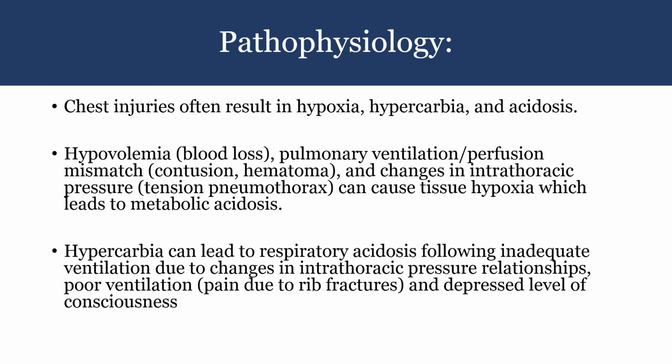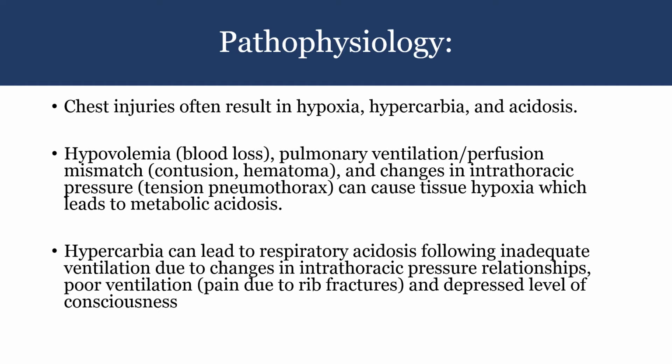Also, because of injuries to the chest, for example contusions and hematomas within the intrathoracic cavity, there are issues with pulmonary ventilation and perfusion, which gives us a pulmonary ventilation perfusion mismatch.